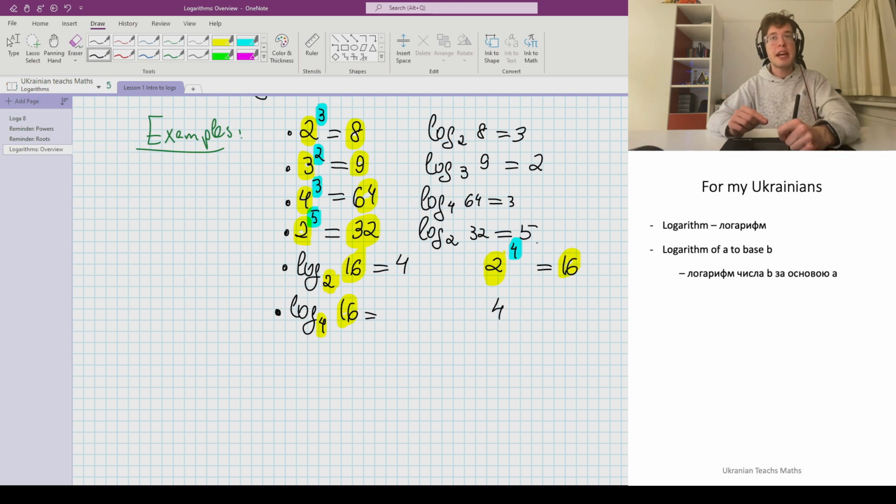So we have the base number of a power 4, we have the result 16, and as before, we have to find an exponent here on the top. So what exponent should we take to get the 16? Well, it's 2, because 4 times 4, so 4 squared, is equal to 16.